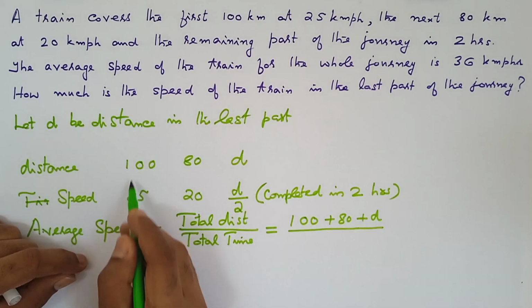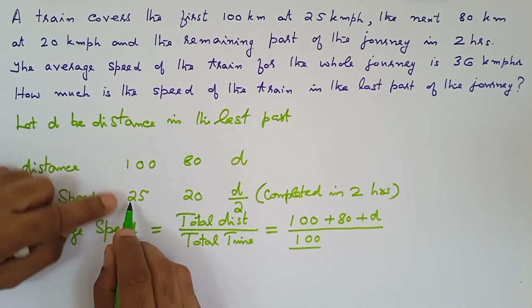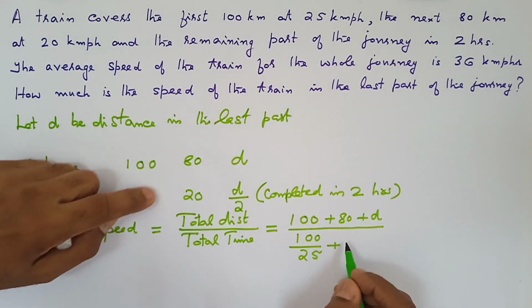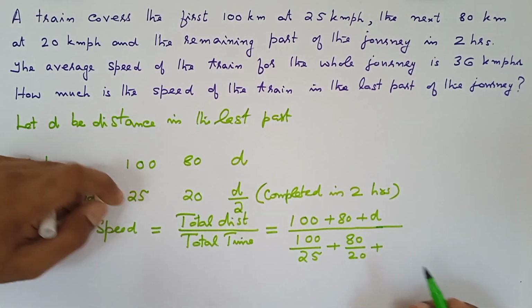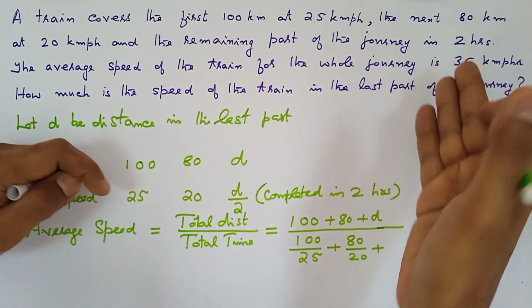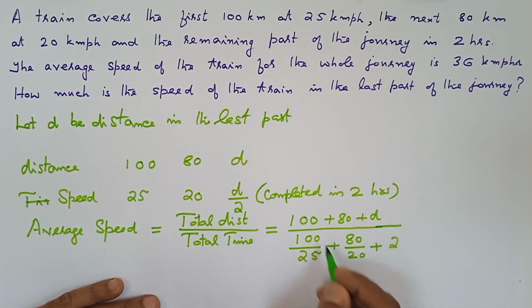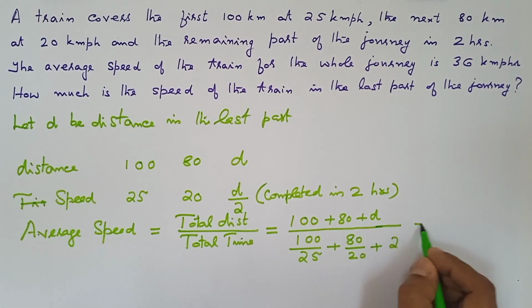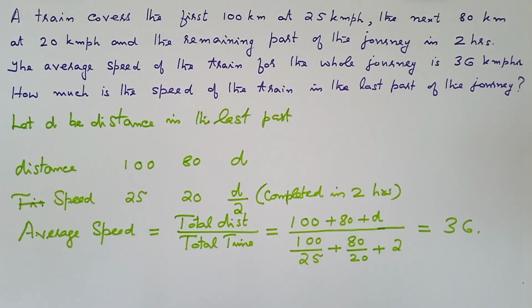For the first part, this is the distance. You divide it by the corresponding speed. You get the time. Then for the next part, same thing. For the last part, you don't need to do that because they are giving straight away the time for the last part as 2 hours. So this will be the average speed of the entire journey, and that's given to be 36 kilometer per hour in the problem. Now let's simplify this.